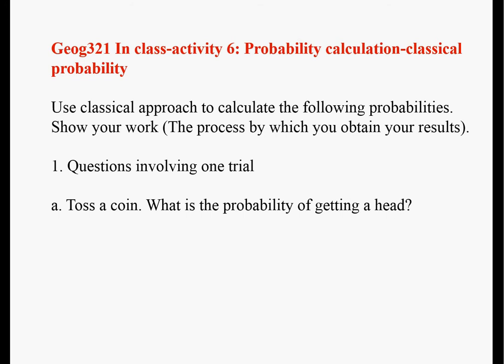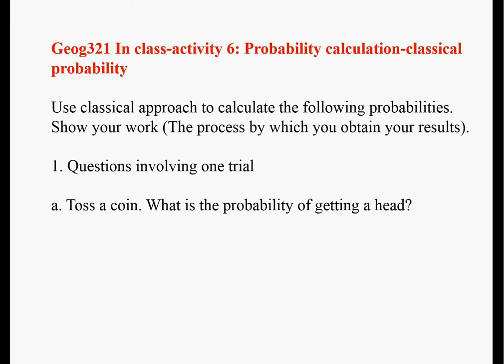Now, I said that you need to show your work. You just cannot write down a probability number. This means that you need to express the probability correctly, with the correct format, to show the statement.